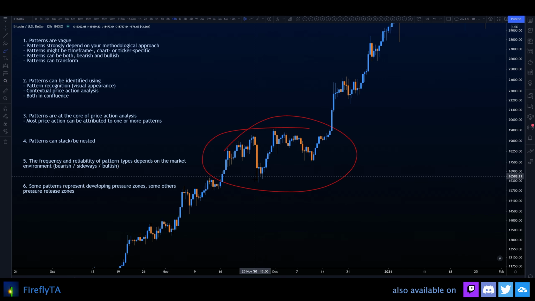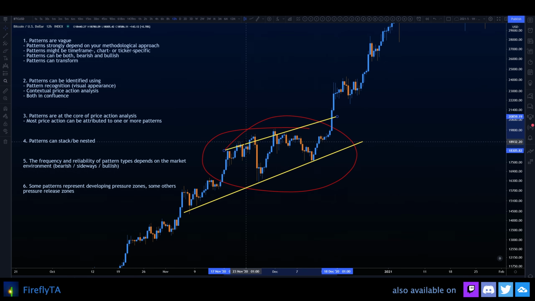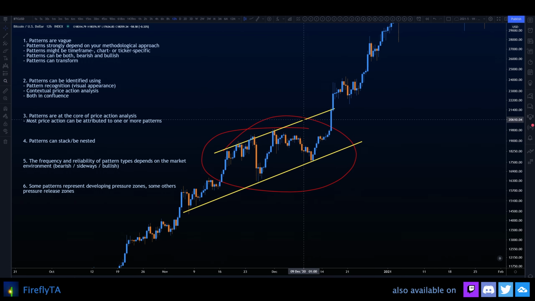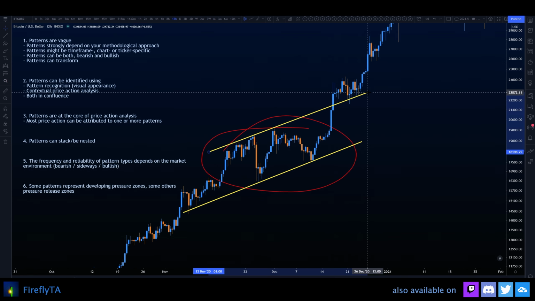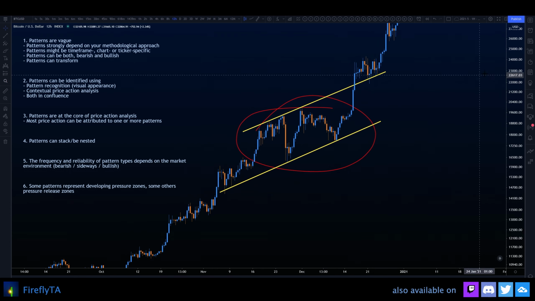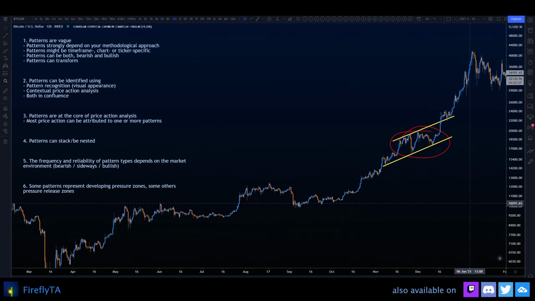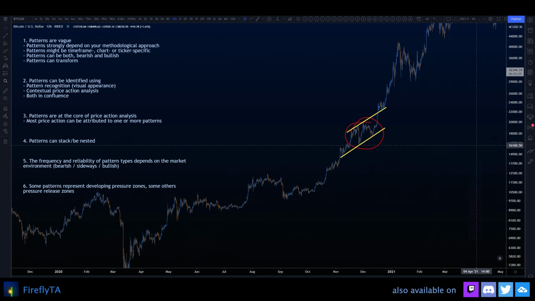For example, you have a trend line, and you have this kind of ceiling here, and you see that we are in some kind of a parallel channel running through, which ultimately gets retested, and we go higher. So this is the confirmation that this channel is broken in a bullish way, and we continue higher. But you can also look at the same thing from a different perspective.